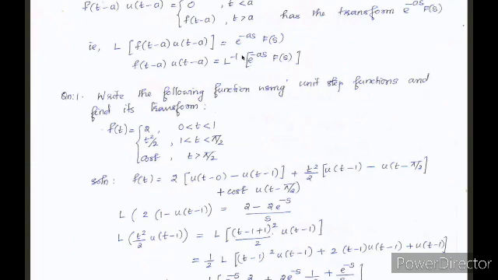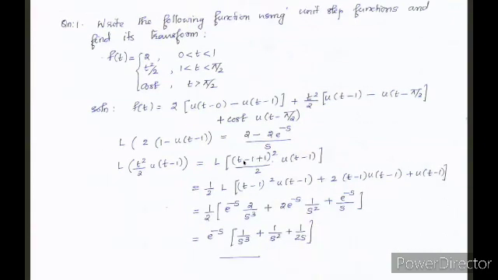So by using second shifting theorem, we can write the Laplace transform of u of t minus 1 equal to e raised to minus s into 1 by s. So Laplace transform of 2 into 1 minus u of t minus 1 equal to 2 by s minus 2 into e raised to minus s by s.